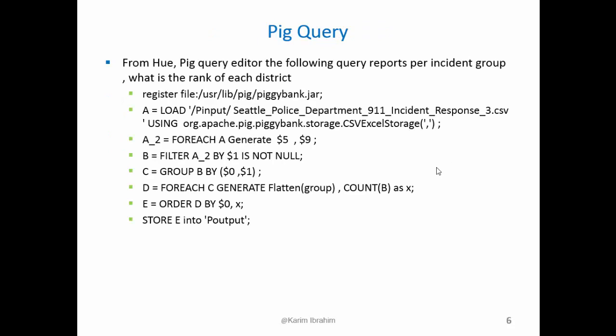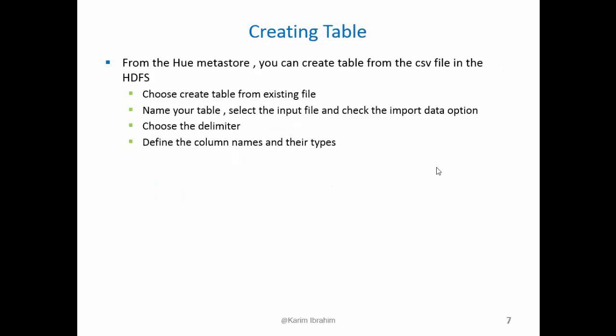This is a sample of one of the queries that I ran on the data. What I want to highlight here is the CSV Excel storage type that's used to load the CSV file. The second thing is creating the table in Hue, in the Metastore.